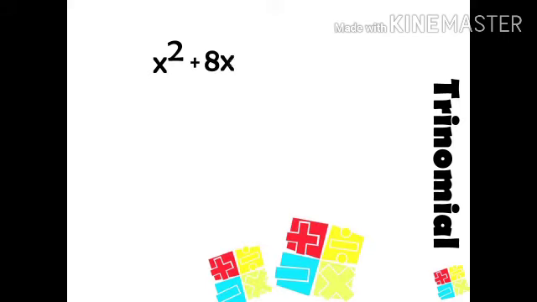We have an example for a trinomial: x squared plus 8x plus 15. In factoring a trinomial, we are going to think of two numbers or factors that if we multiply them, it will become 15, and if we add them, it will be equal to 8.